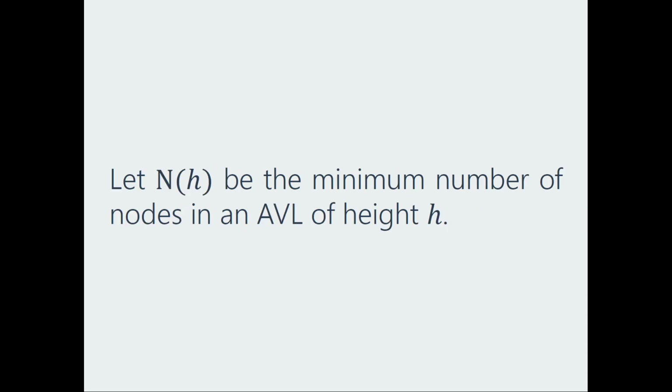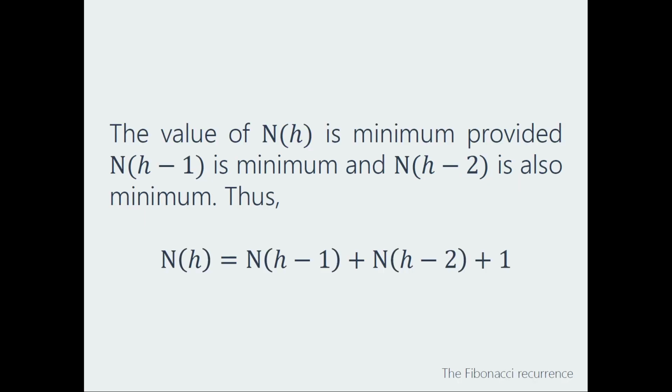Let n of h be the minimum number of nodes in an AVL of height h. Let's define n of h recursively. The value of n of h is minimum provided n of h minus 1 is minimum and n of h minus 2 is also minimum. Thus, n of h is equal to n of h minus 1 plus n of h minus 2 plus 1.